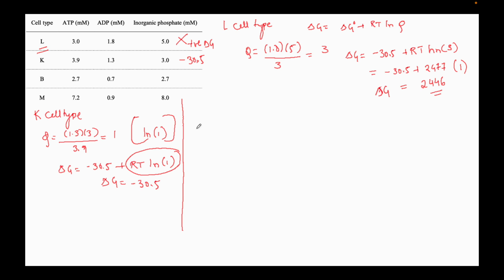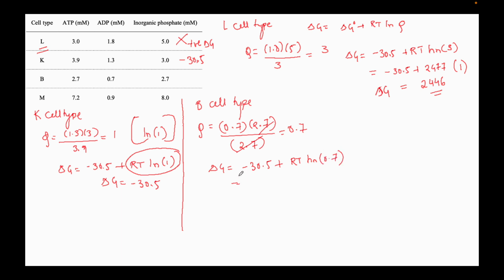Now let's compute the B cell type. The B cell type reaction quotient will be 0.7 into 2.7 upon 2.7, so 0.7. So delta G will be minus 30.5 plus RT ln 0.7.